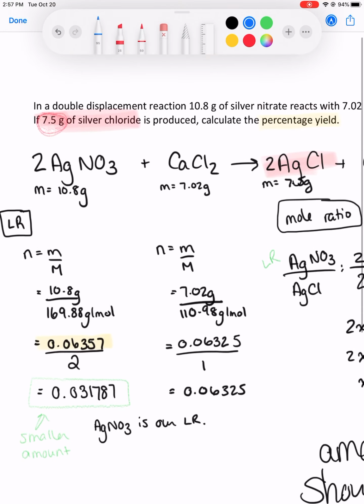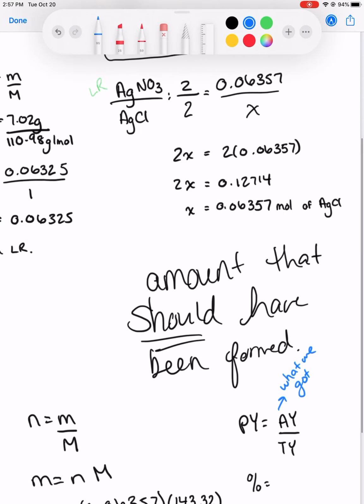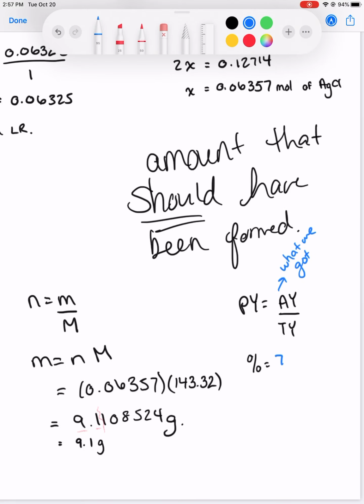Well, that tells us 7.5 grams of silver chloride is produced. So it's going to be 7.5. The theoretical yield, look at this, is the amount we should have got. Don't mind my awful grammar. This is the amount we should have got.